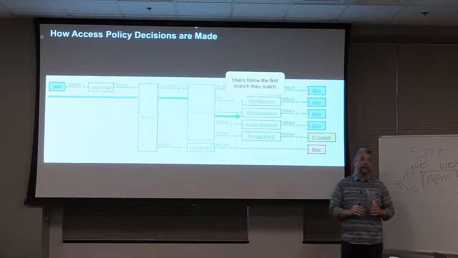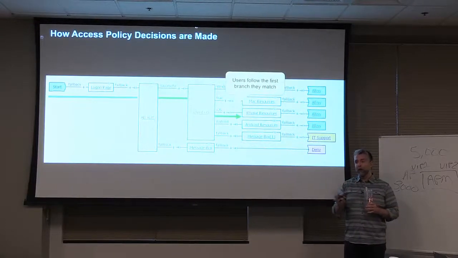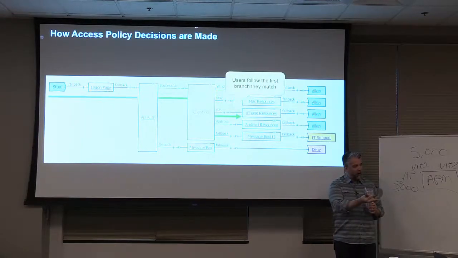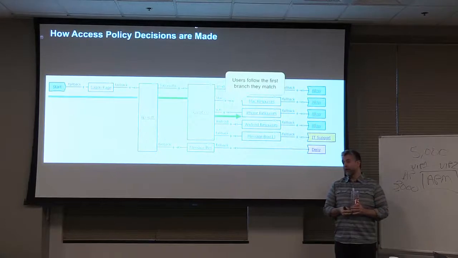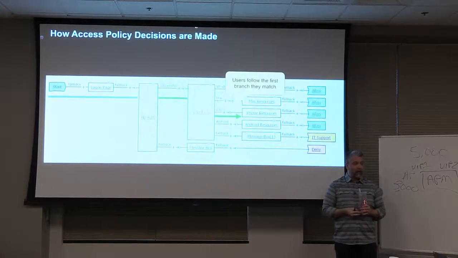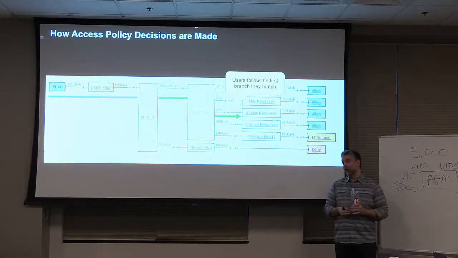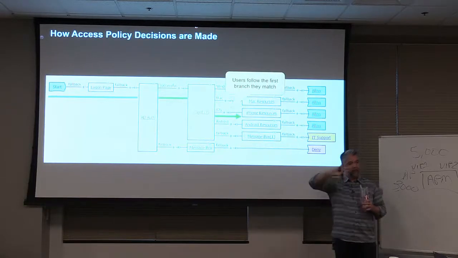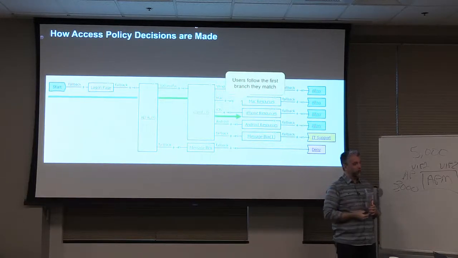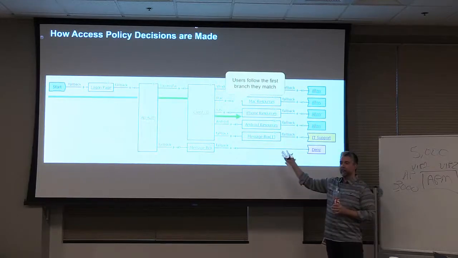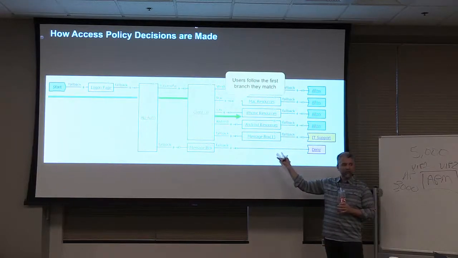So think about the fact if you're using group membership branching and you've got the employees branch and then you've got the sales branch. Well, all of my sales users are employees. But if I have them ordered that way, all of my sales users are going to go the employees branch because it's first. They'll never make it to the sales branch. So I'd want to swap those two. In this case, it's impossible for me to match two branches.